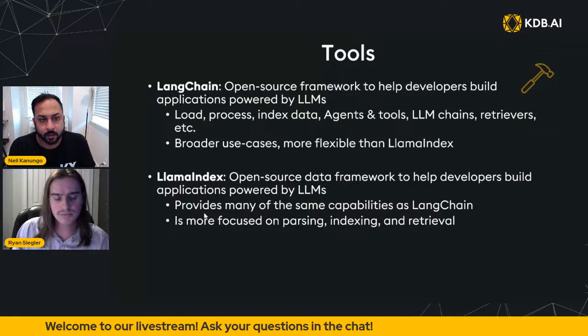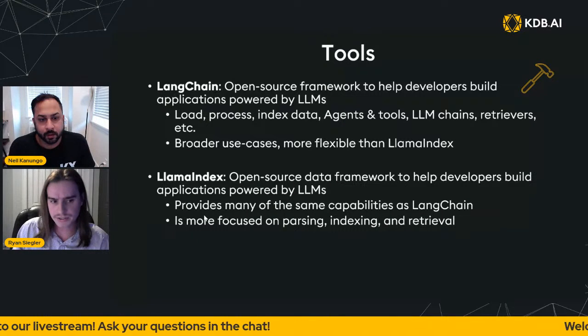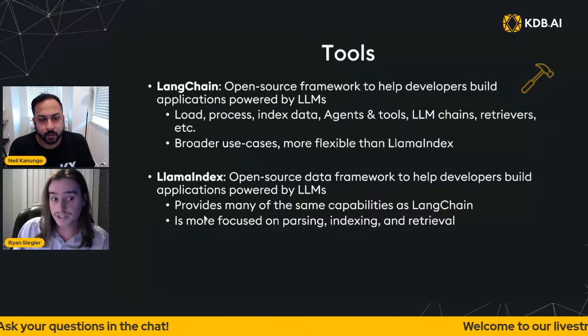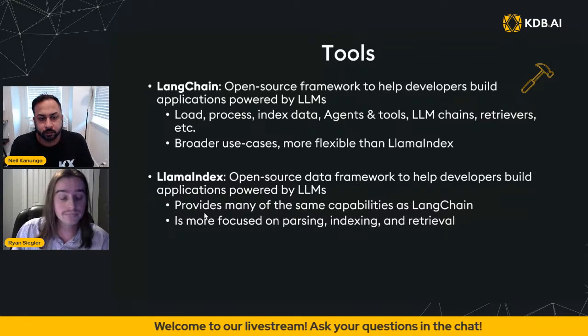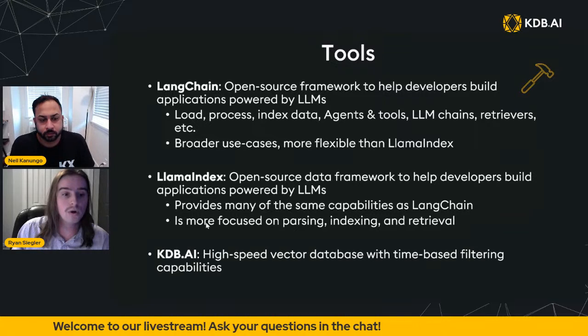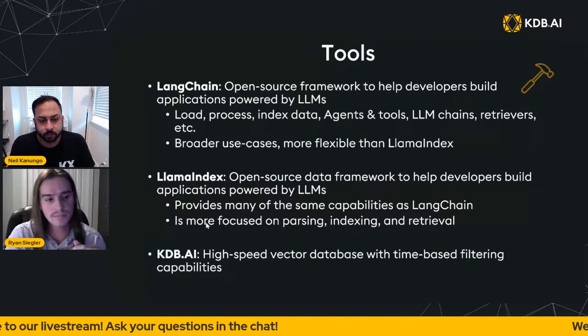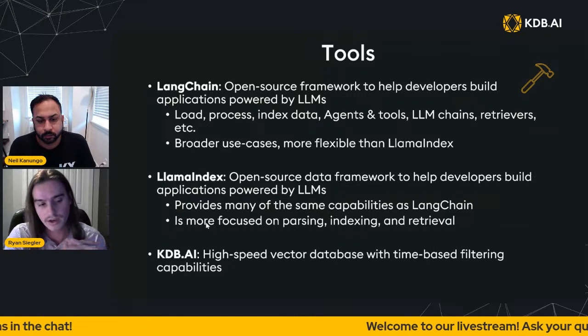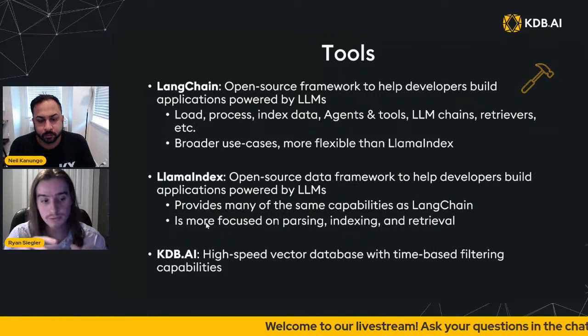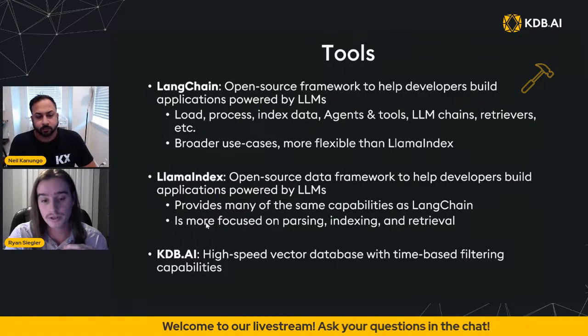We'll see a couple of examples later on in this presentation of where you might use LangChain and where you might use LlamaIndex. The nice thing is you can actually use both of these at the same time if you wanted to. And one more thing with LlamaIndex: because it's more focused on the indexing and the retrieval piece of things, it's likely going to be a little bit more efficient and quicker for working with these specific use cases.